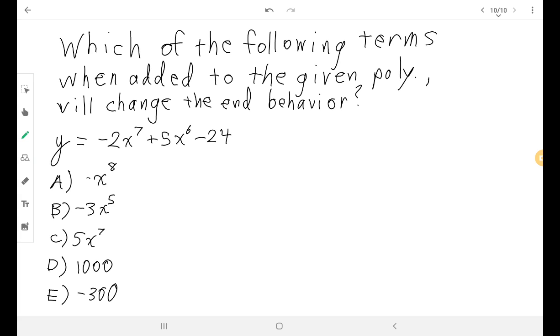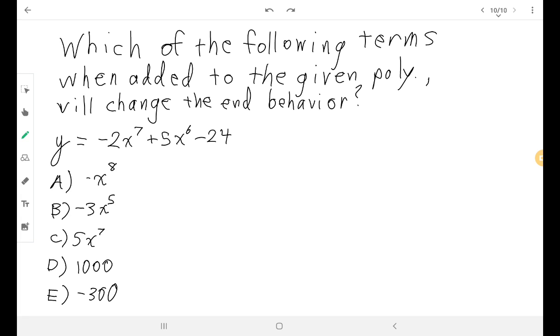So which of these things would change the degree of the polynomial? Right now, as you can see, the degree is 7, so it is an odd polynomial, meaning one side goes up, one side goes down in one way or the other.